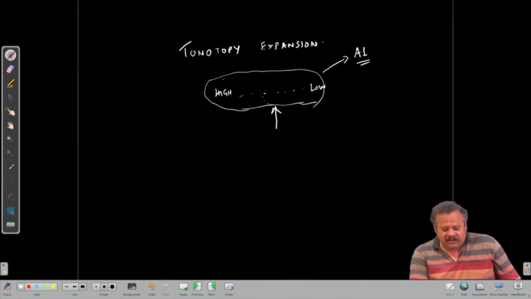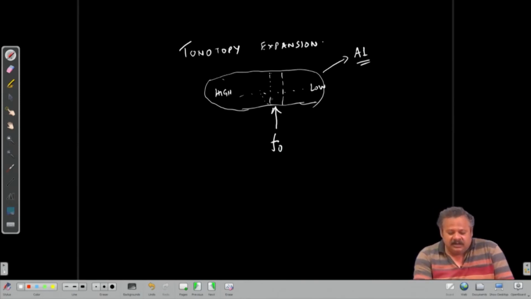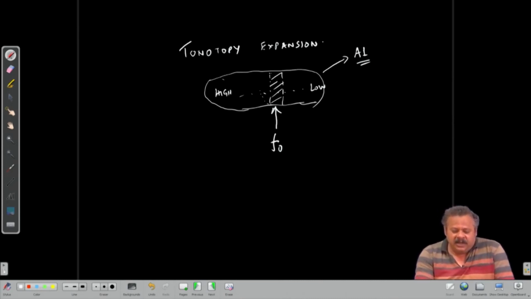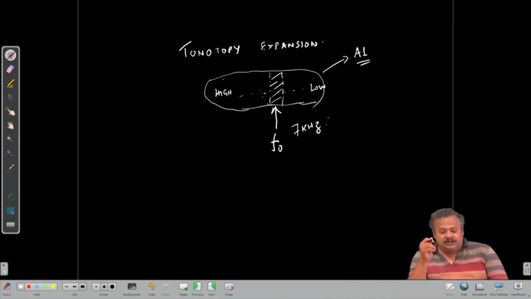So, originally, if this frequency f naught has a representation region within those two vertical bars within that band, let us say neurons in this region in normally developing animals represent 7 kilohertz frequencies, that is, neurons in this region respond strongly or are most sensitive to 7 kilohertz.